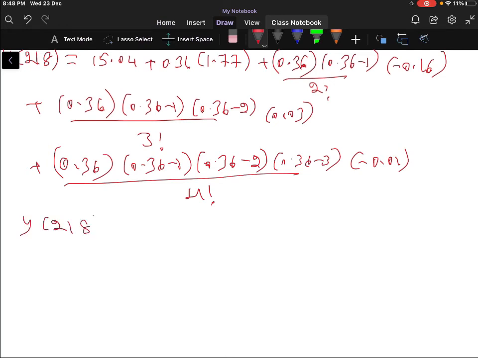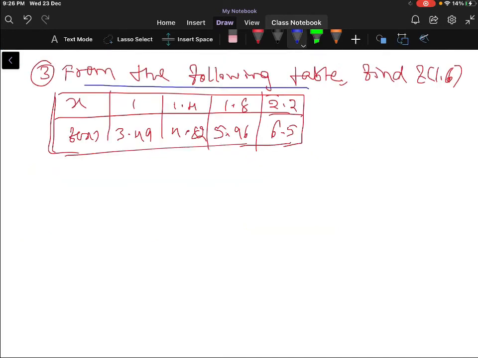After simplification, we have y of 218 is equal to 15.697 nautical miles. We move to the third problem.